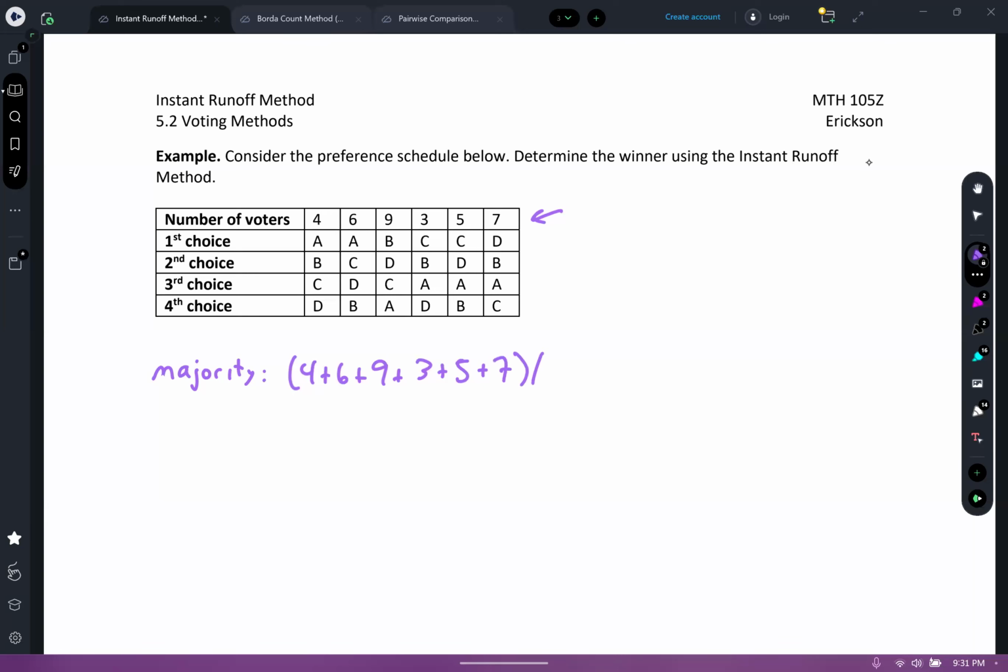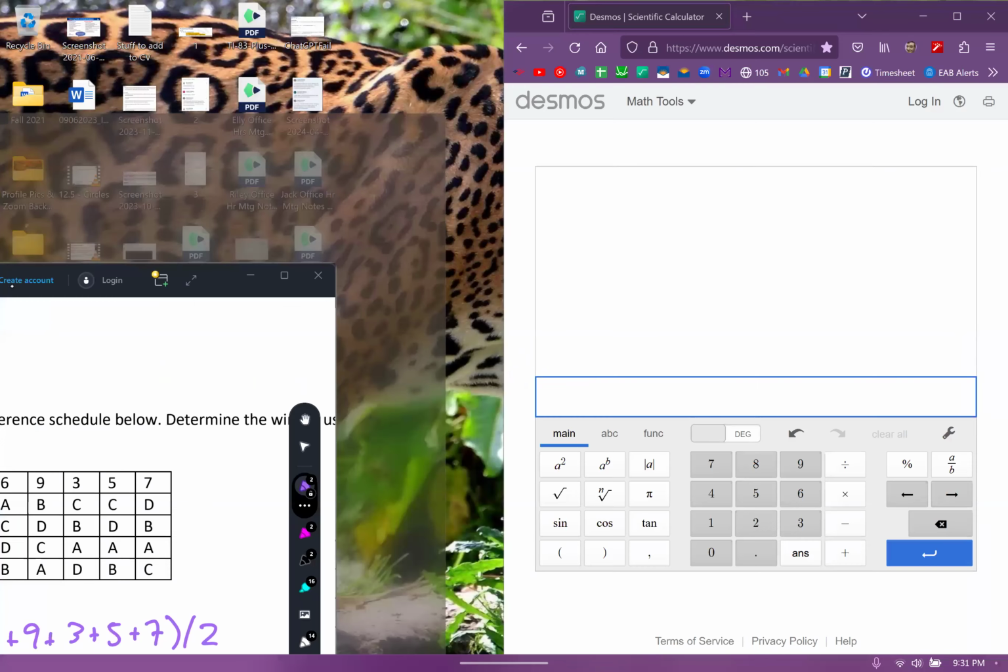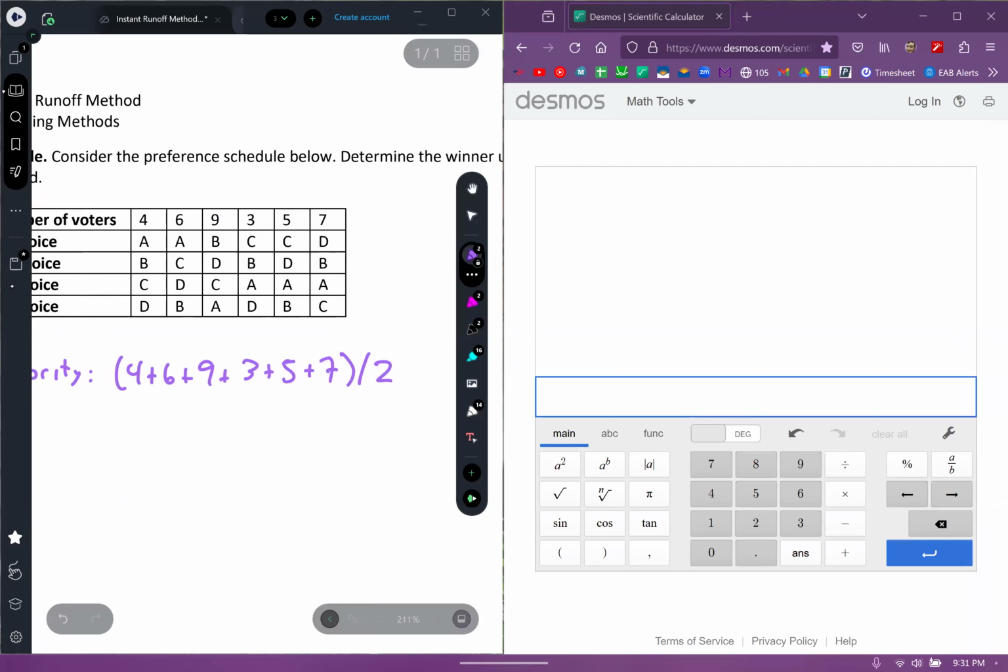4 plus 6 plus 9 plus 3 plus 5 plus 7. And then since we're trying to figure out what a majority would be, we need to divide that total by 2. So I'll go over to a calculator. And make sure when you enter this in the calculator, you put parentheses around the sum, because we want to make sure we calculate the total number of votes first and then divide the result by 2.